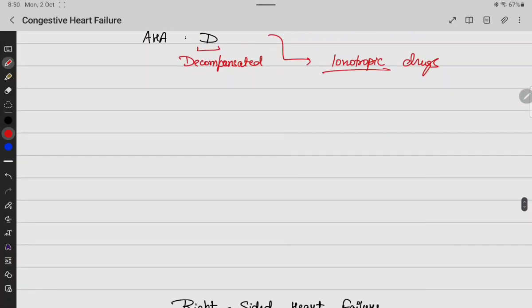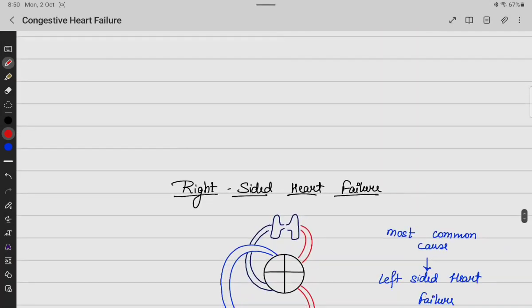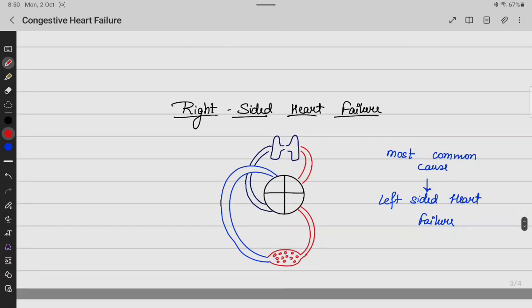All right, that finishes our left-sided heart failure. Moving on to right-sided heart failure. The most common etiology for right-sided heart failure is left-sided heart failure. We talked about how the heart is two pumps connected in series.